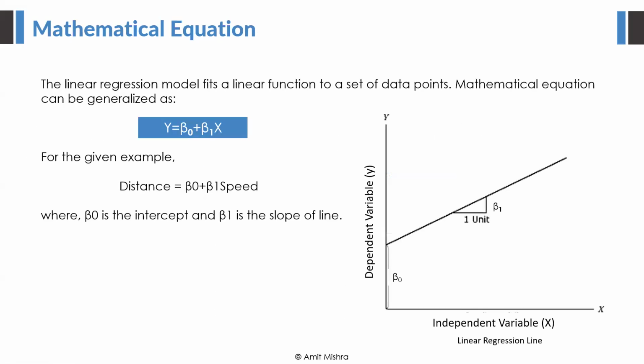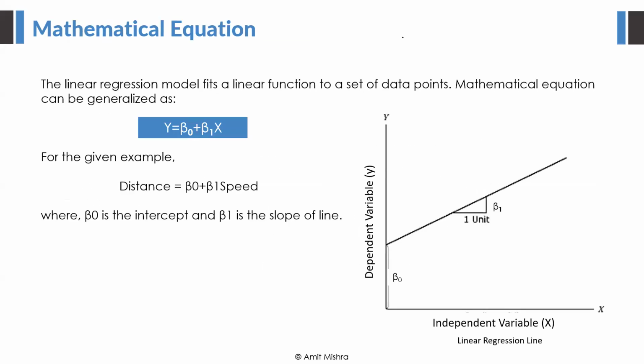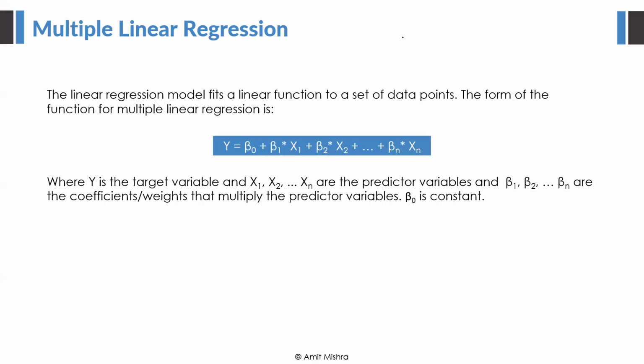We have taken this example, the equation and all, we already know. Let's take this part. There are two versions of linear regression. One is simple linear regression, and the other one is multiple linear regression. Now, more realistic is multiple linear regression because you will see many input independent variables to explain the dependent variable.